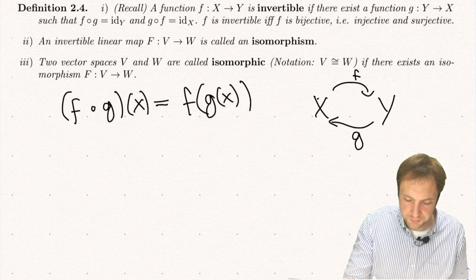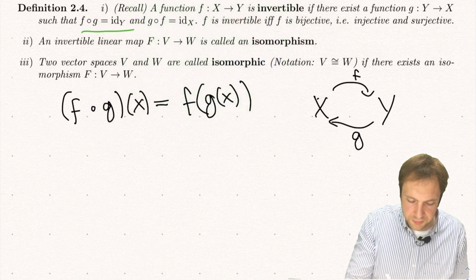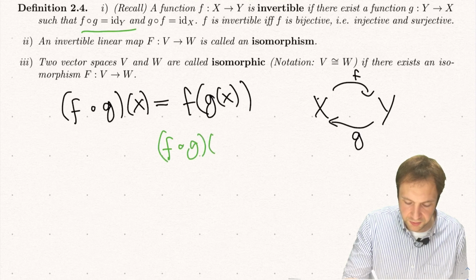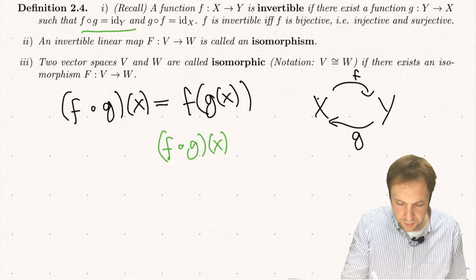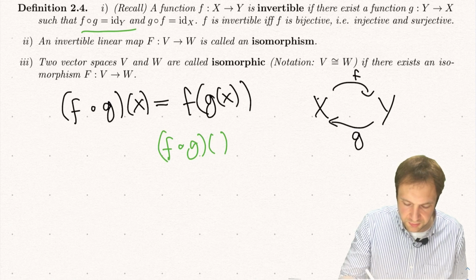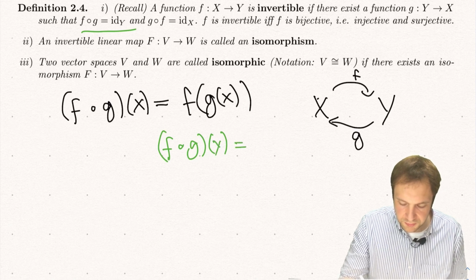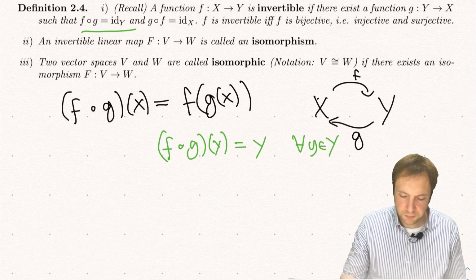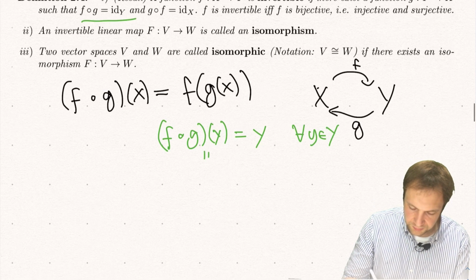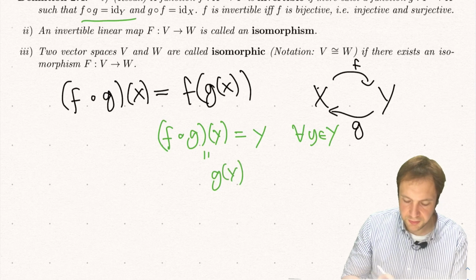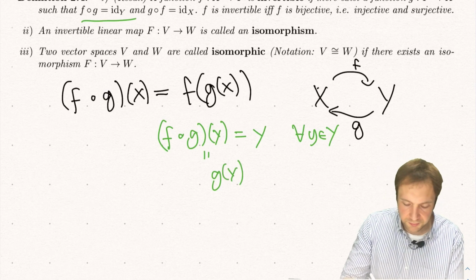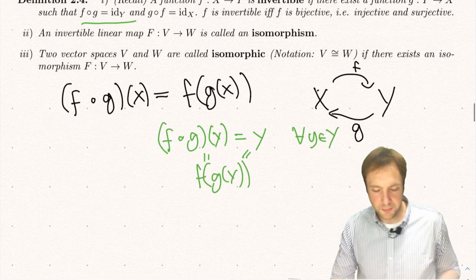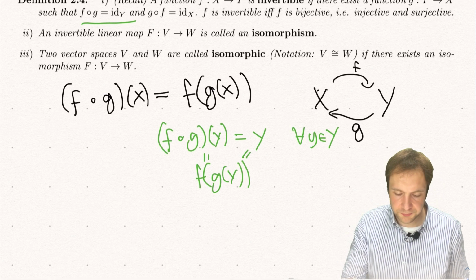So in other words, this here just means that f(g(y)) is just y for all y in Y. And again, this just means I apply g to y, which is an element in X, and then I apply f, and this should be the same for all y's, and also the other way around.